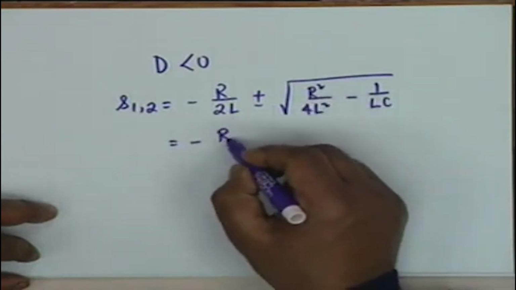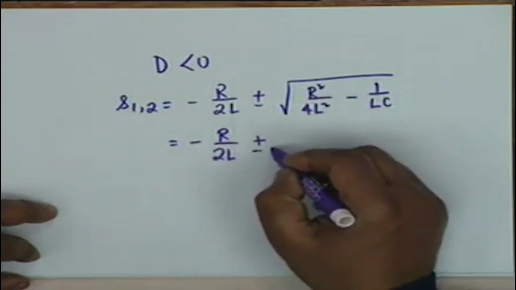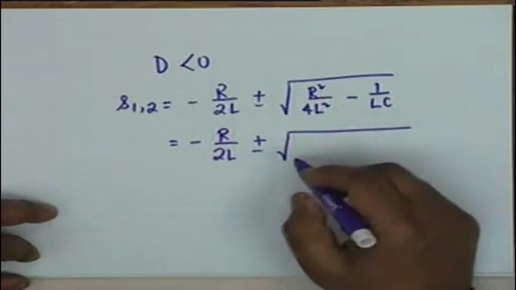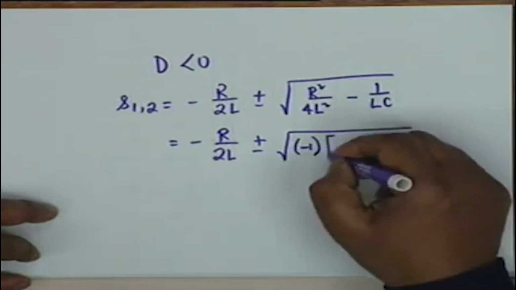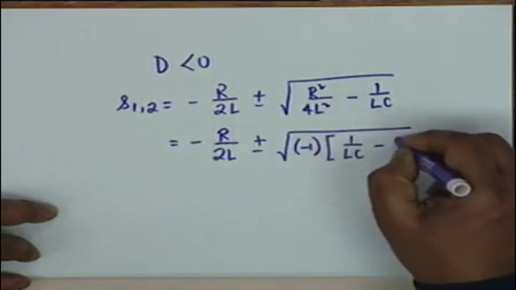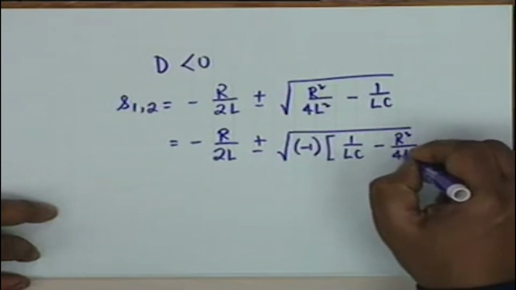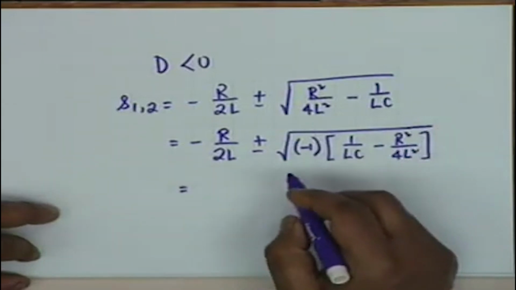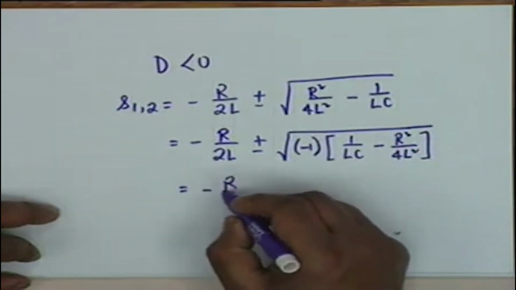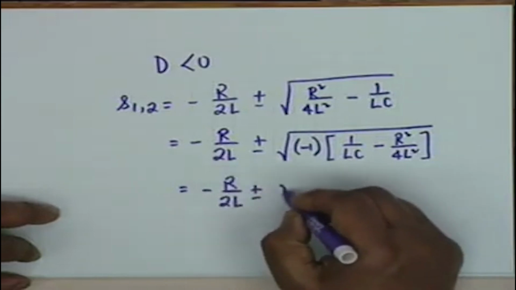I can write this as minus R/2L plus minus square root of, I can take a minus 1 common here and then write a positive quantity 1/LC minus R squared by 4L squared, and square root of minus 1 is j, minus R/2L plus minus j.